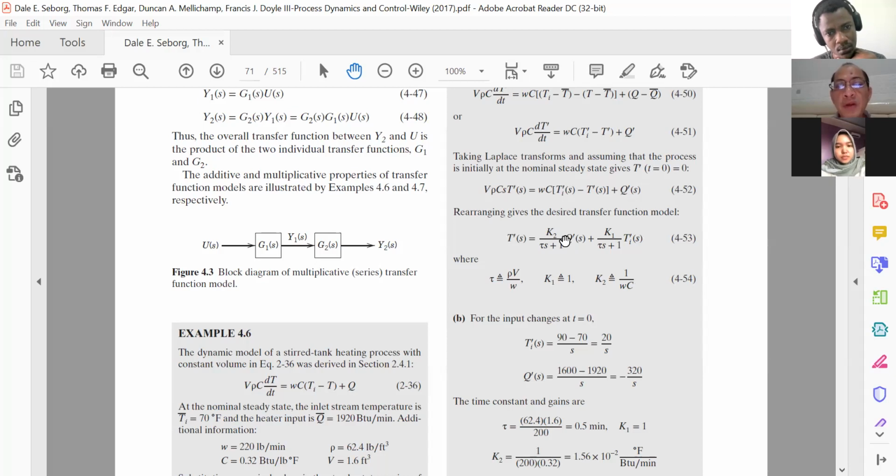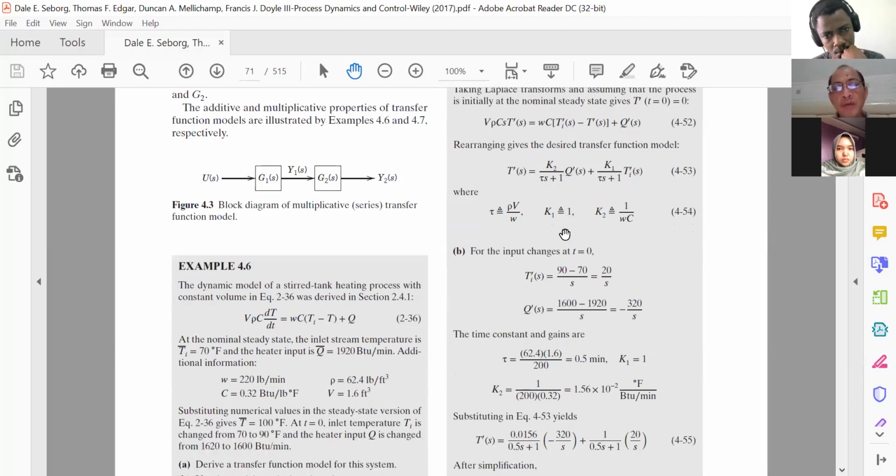Of course you can do that, because from here to here you just divide this function by rho C, so you get rho V over W here, K1 equal to 1, and K2 equal to 1 over WC. Any questions?